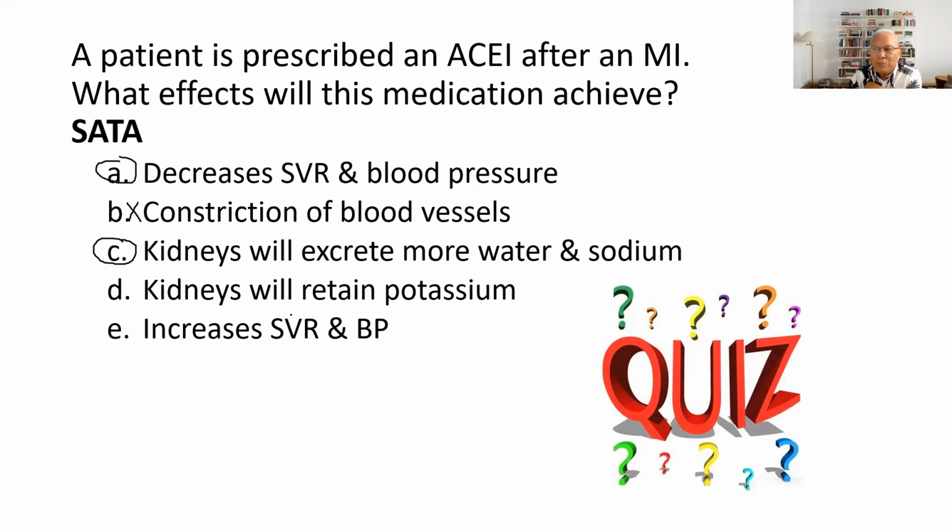Kidneys will retain potassium. You remember when you excrete sodium, it's going to cause the opposite effect. And that is why I want you to remember that when you use ACE inhibitors, it will increase your potassium levels. So you have to watch for hyperkalemia whenever you are giving ACE inhibitors. So do you remember, Jan, the action of aldosterone? If you remember, aldosterone does two things.